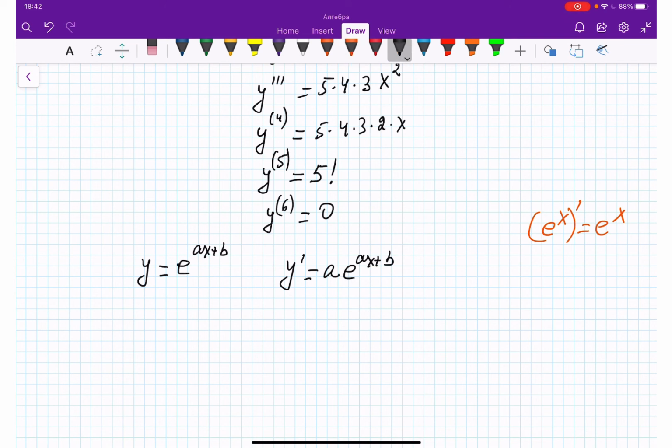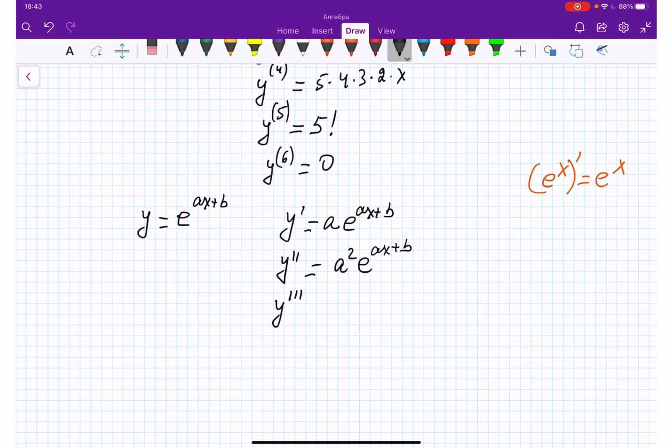Second derivative is going to be equal, again, e to power ax plus b. And in front, we are going to have a squared, right? Another a comes out. Y to power third degree, it's going to be e to power ax plus b, and here it's going to be a cubed, right?